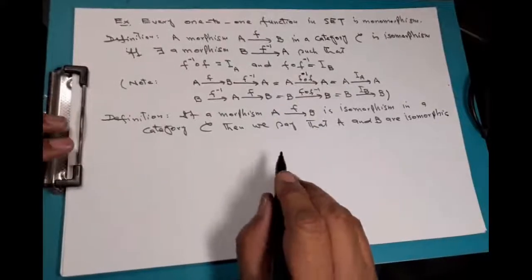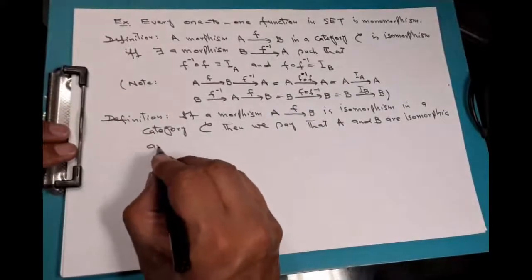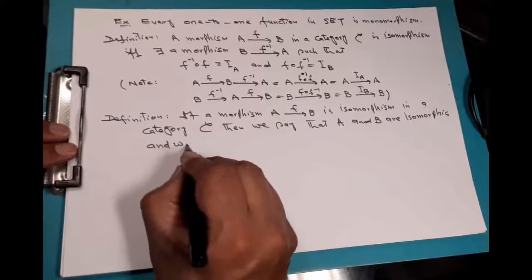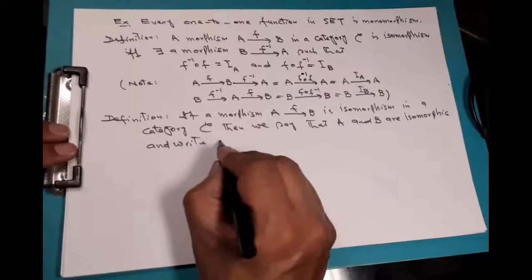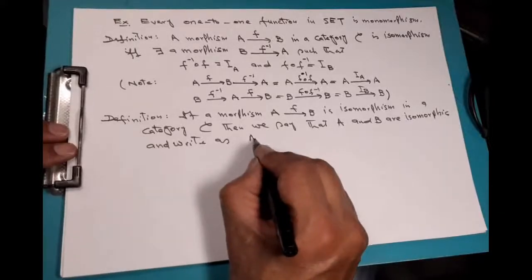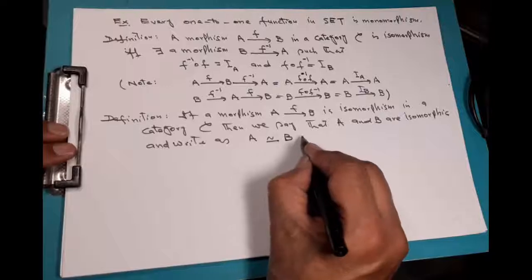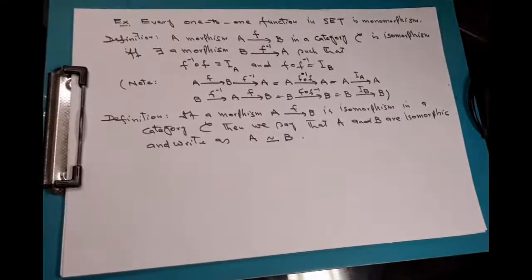And we write it as A is isomorphic with B.